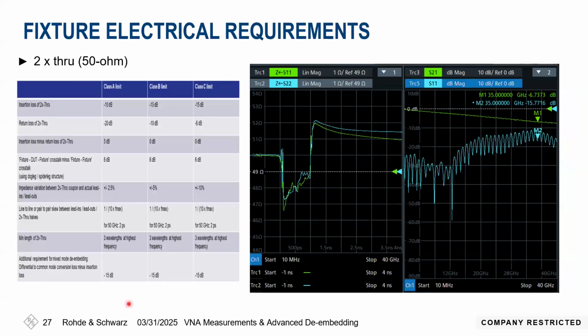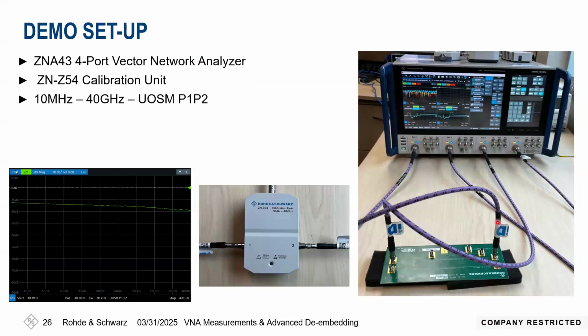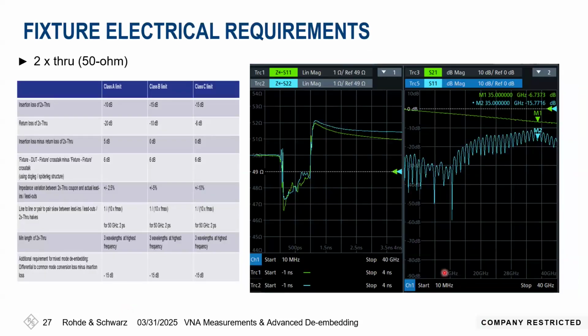So the coupon, the 2x-thru coupon which I showed, this is the result of the coupon. We were discussing the different classes as per the IEEE standard.